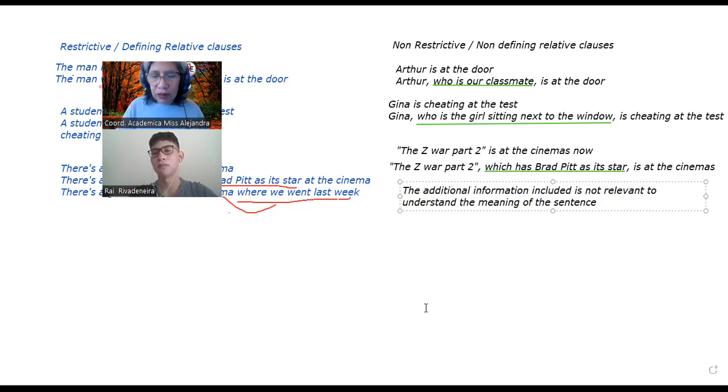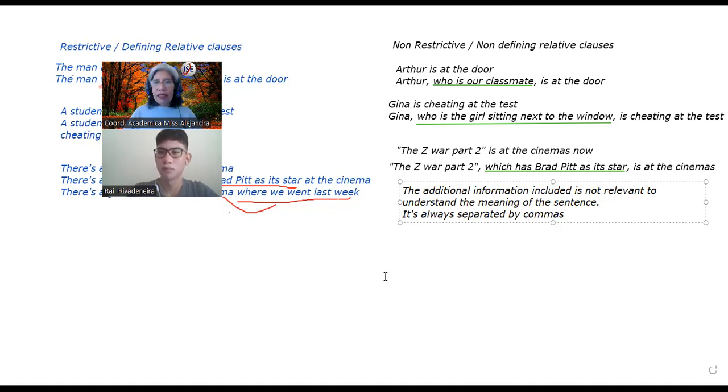It's additional. And it's always separated by commas. Okay? These are the characteristics of the non-restrictive relative clauses.